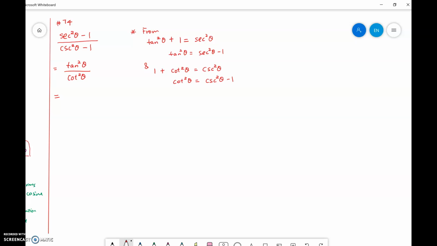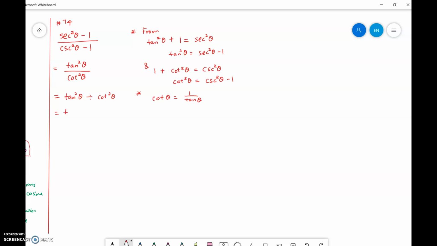So next, we're going to use the reciprocal identity where cotangent theta equals 1 over tangent of theta. So I'm going to rewrite it into an actual division symbol instead of a fraction bar. So tangent squared theta divided by cotangent squared theta.